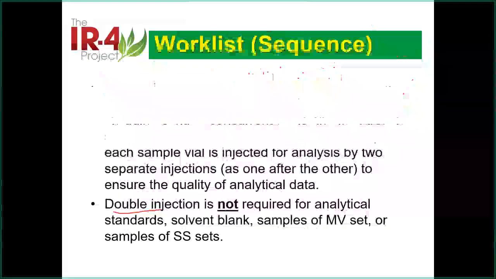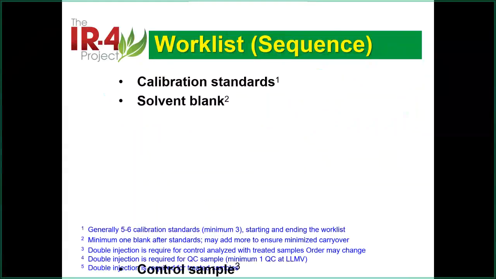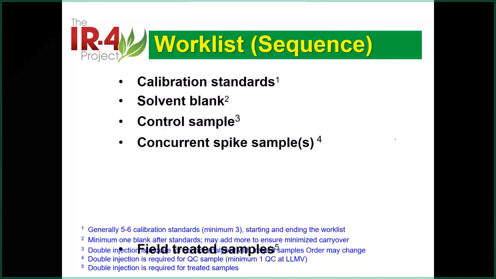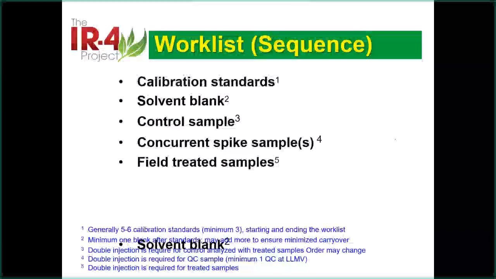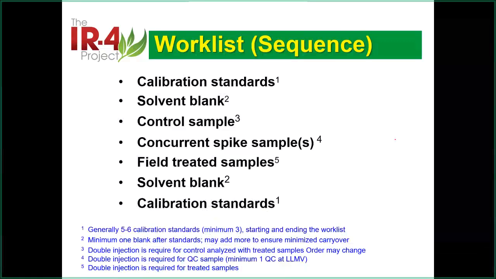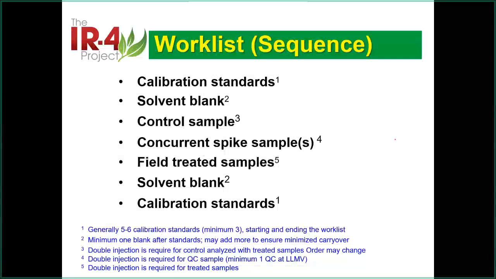Okay, so this is called a set. We know that a set of samples, what is a set? It must have at least one control, at least one QC spike, then the treated samples. If it's method validation or storage stability, it must be in triplicates. And it's always a good idea to put a solvent blank there.